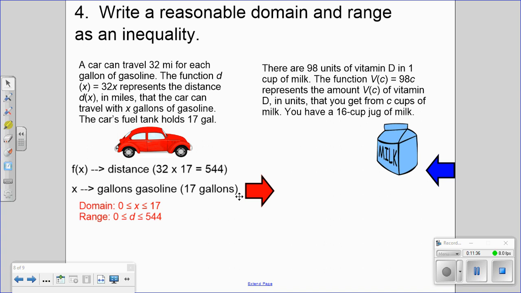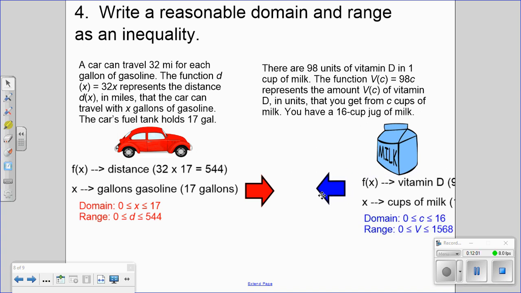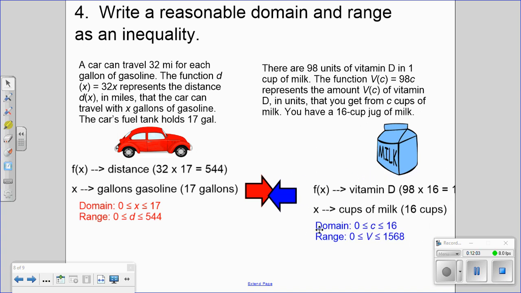What's the minimum that you can have? Because we know that in real world situations, infinity is not typically an option. Again, we're looking at units as far as cups, and units of vitamin D per cup. If you have a 16 cup jug of milk, you can either pour 0 or you can pour all 16 cups.